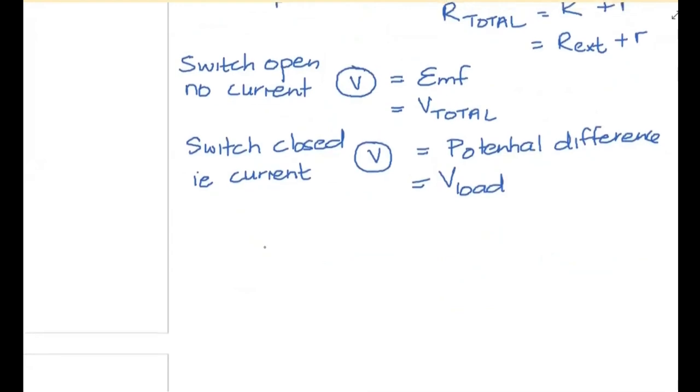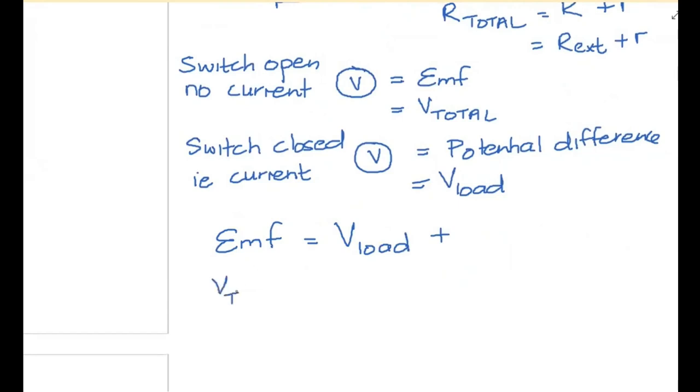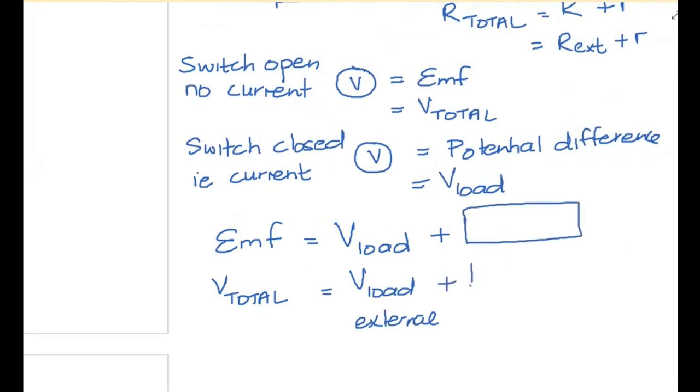Okay, so what that means is that in my circuit, I've now got the EMF, I've got this V load, and now what is left, because the EMF is like the total volts, the V load is what is actually going on the outside. So this is what's going on external to the outside. And what do I call the bit that's left? Because these two don't add up to each other anymore.